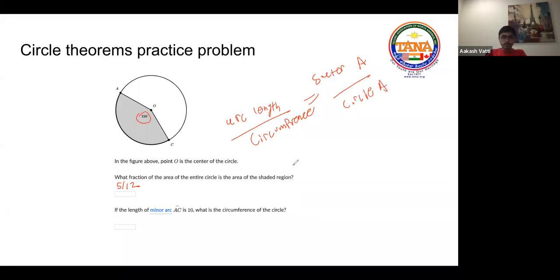So you have 10, which is the length of the minor arc. So 10 over circumference is equal to 5 over 12 because we just got sector area over circle area.